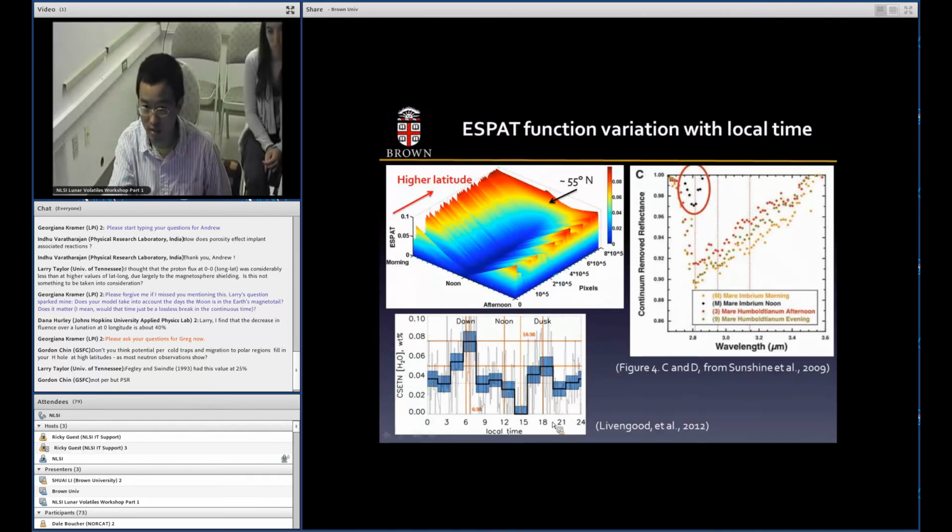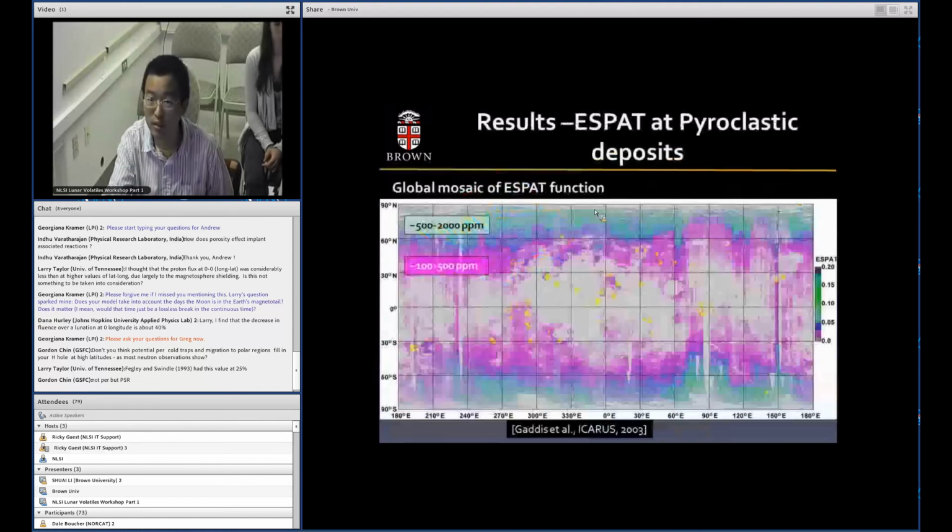And also, this result is consistent with the LEN results. But they didn't observe this phenomenon as the latitude goes beyond around 55, the trend is not so obvious. So this maybe tells us there's some other factor that controls the water content, for example, the temperature.